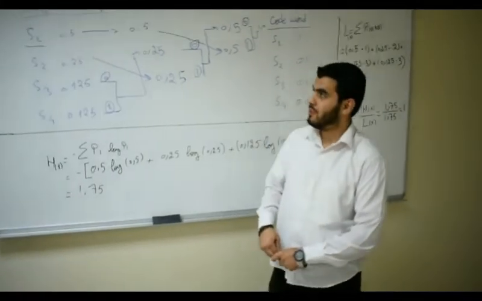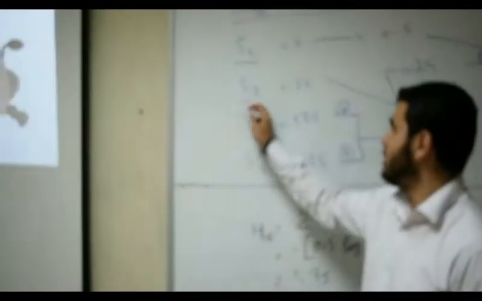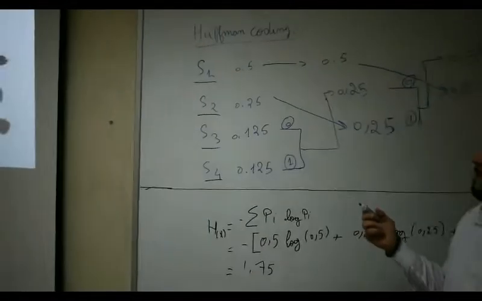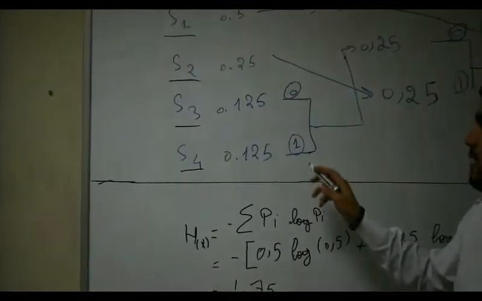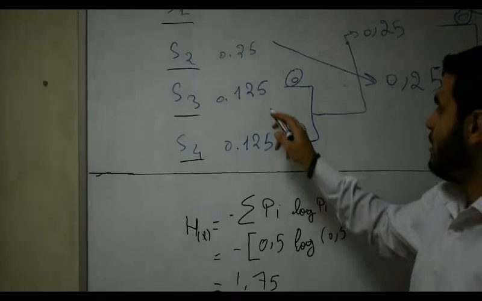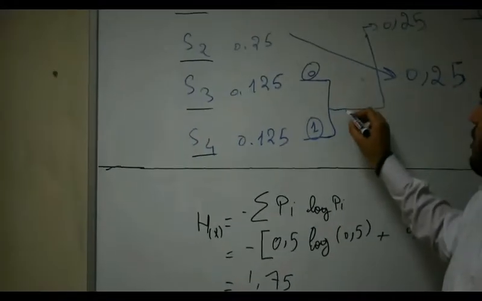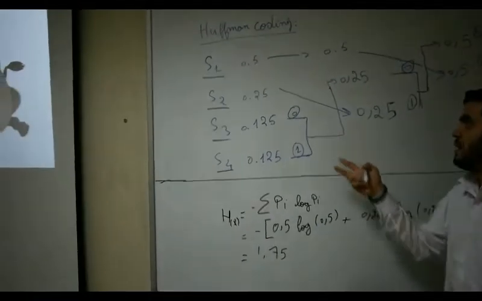And now we will solve this example. First, we have 4 symbols: S1, S2, S3, and S4, with their probabilities, and we will sort them in descending order. We will start with the 2 last probabilities and add them, and the result we will compare with the 2 other probabilities.